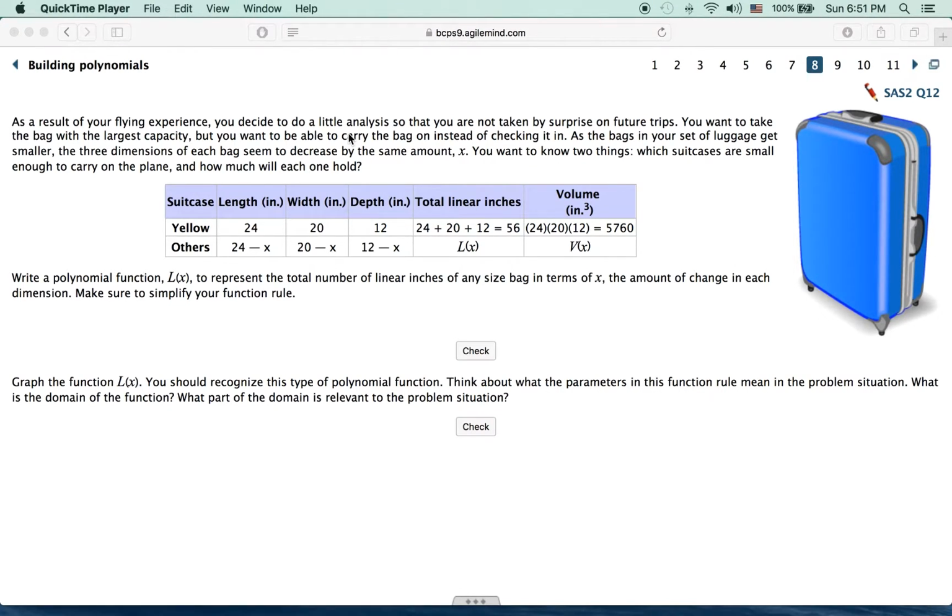If we start with the initial dimensions of the luggage, the product of 24 inches, 20 inches, and 12 inches will give you the volume of the luggage, which would be 5,760 cubic inches.